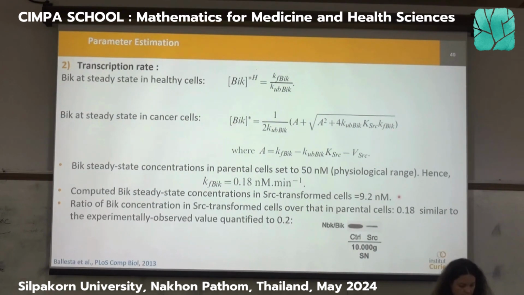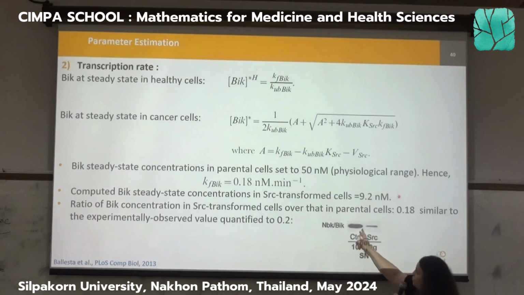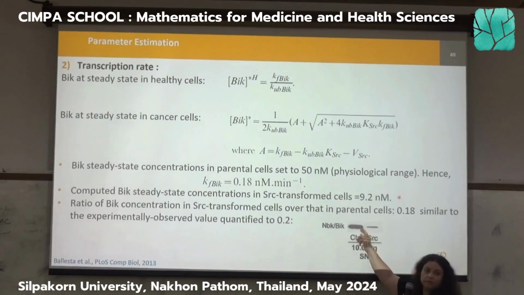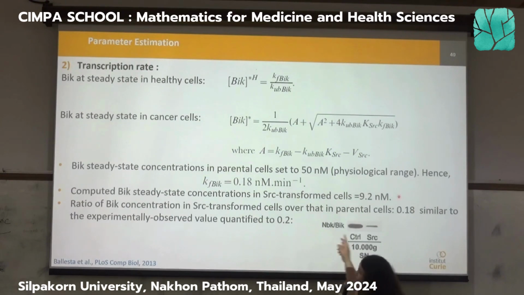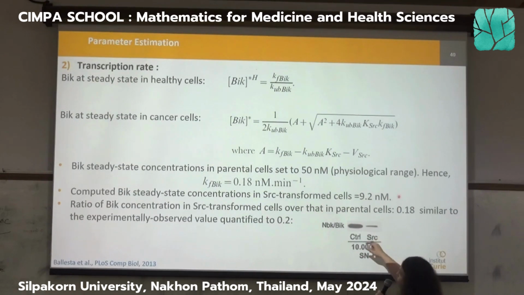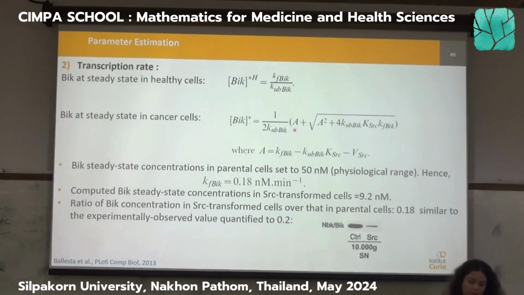From data, we know the ratio of Bic between cancer and normal, because you can quantify those two bands here, those two intensities, and we know that the ratio is about 0.2. The idea is to compute the Bic steady state first using this formula, because now we have all parameters.